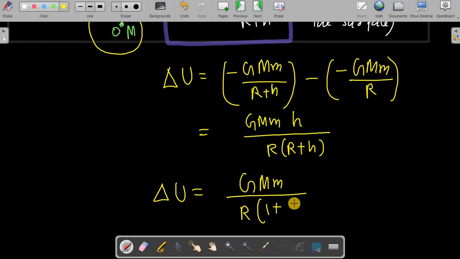So I think this will become h by R, because when you subtract, this will become h by R. Check this calculation. Correct.